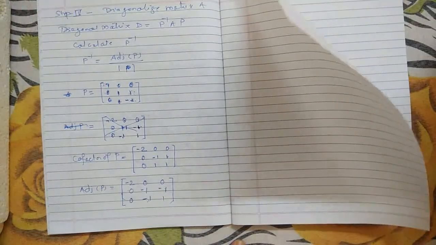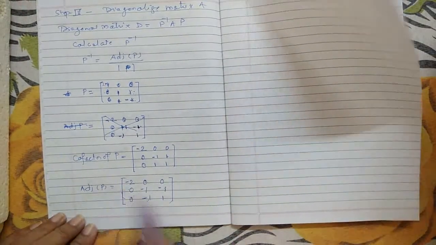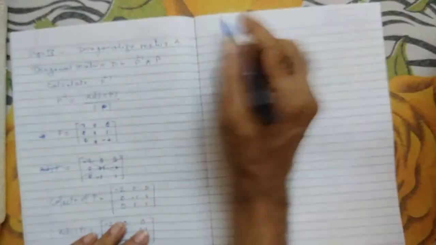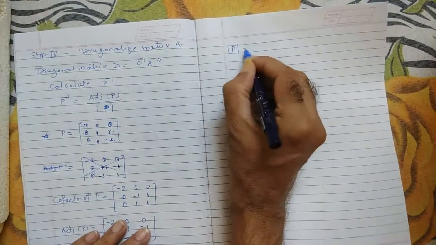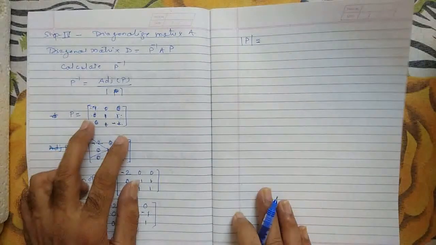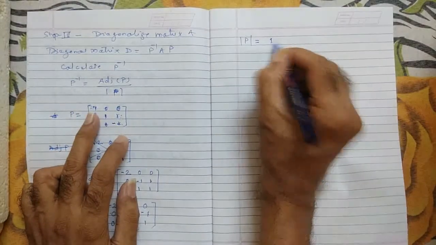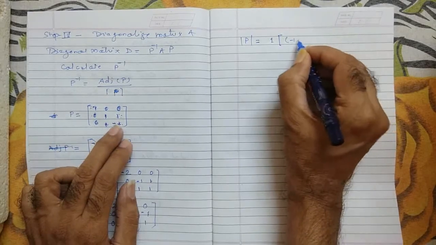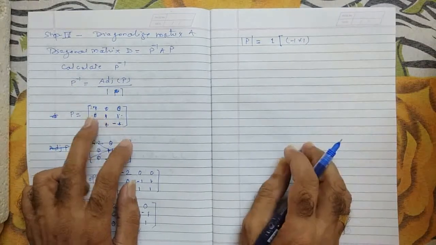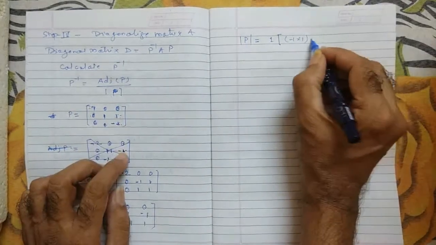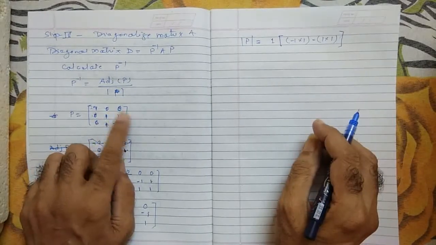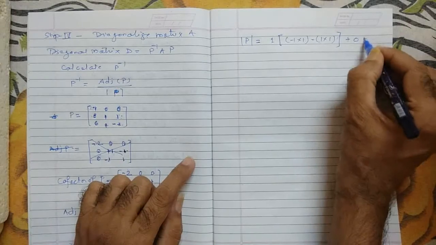Now adjunct of P that I know. Now I will calculate the determinant of the P. Determinant of the P is equal to 1 multiplied by -1 into 1 minus 1 into 1, and these two zeros are there, so plus 0 plus 0.